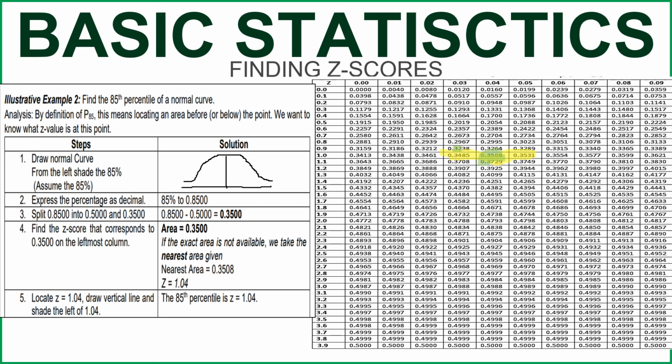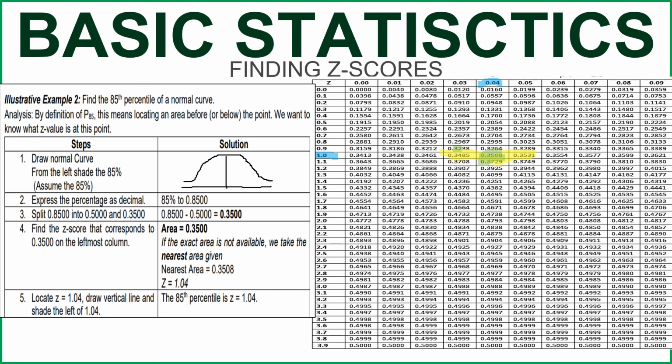And 0.3508, 0.0008 lang siya. So, kukunin natin is 0.3508. So, yung next naman is, kukunin na natin yung intersection niya sa leftmost niya. So, asan yung leftmost ng 0.3508? It is under 1.0. And yung sa taas naman niya is 0.04.